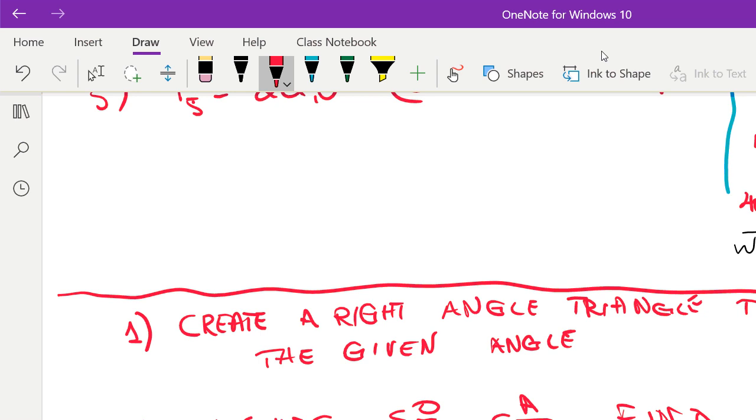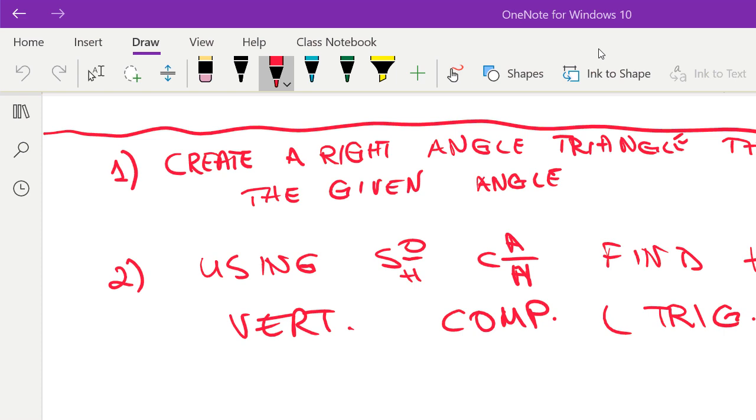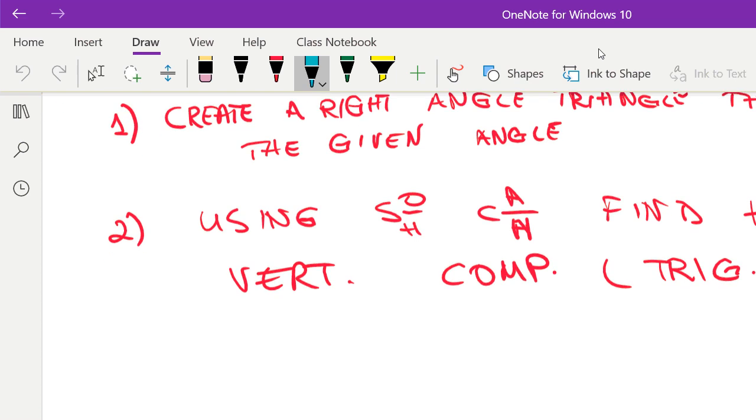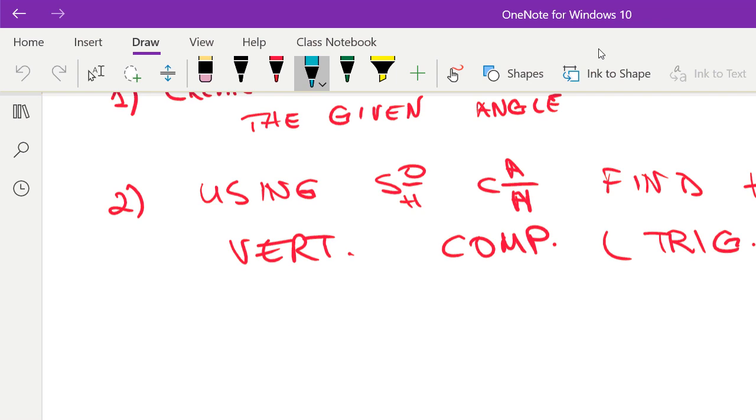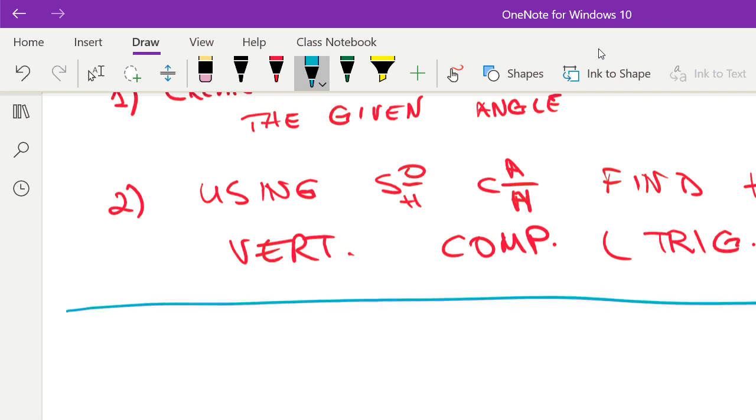If you don't know this, then take a look at the trig review video that we have on D2L and on Google Classroom. With those two little steps, you will be able to find the components of any vector that is given.